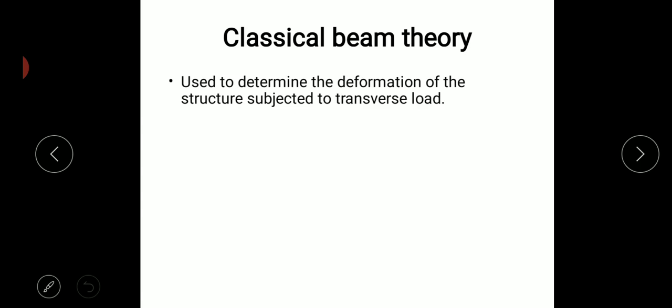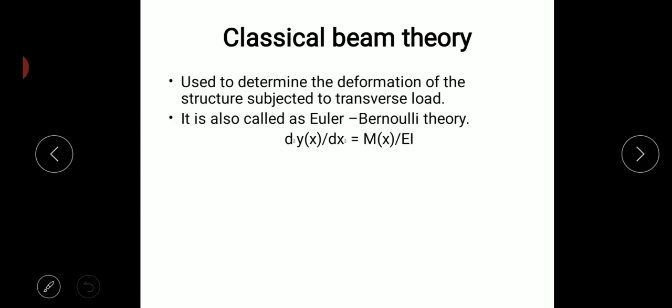This theory is also called the Euler-Bernoulli theory. It is given as d square y by dx square of x is equal to M by EI of x.